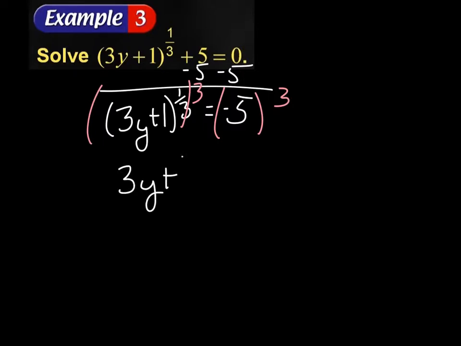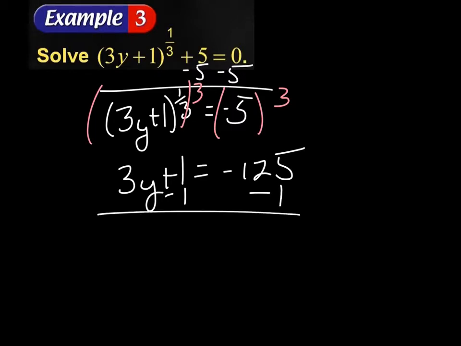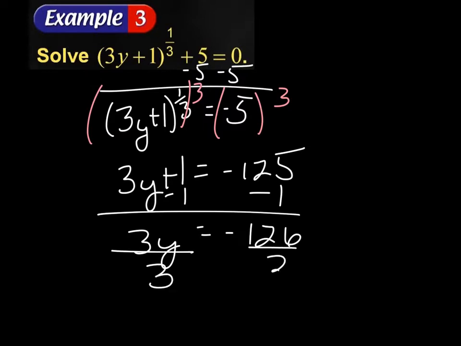So I just have 3 plus y on the left equals negative 125. And then we'll subtract 1 from both sides and divide by 3. I get y equals negative 42.